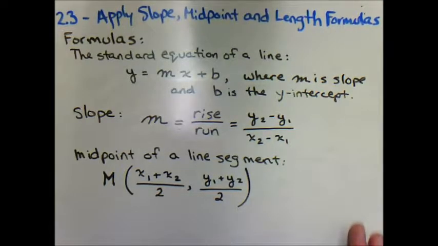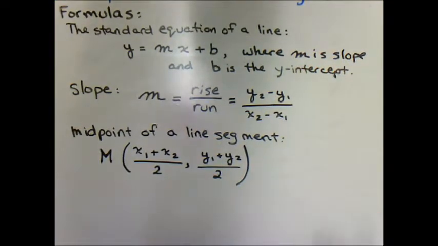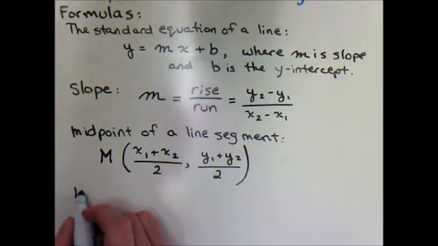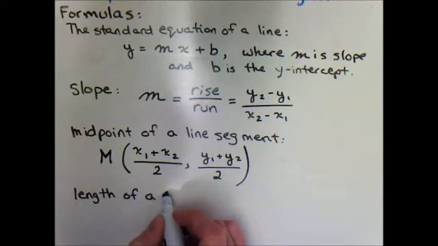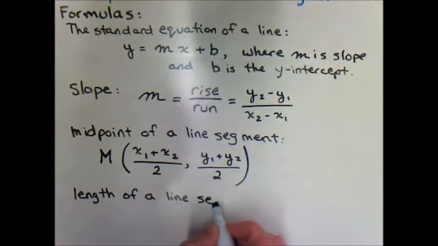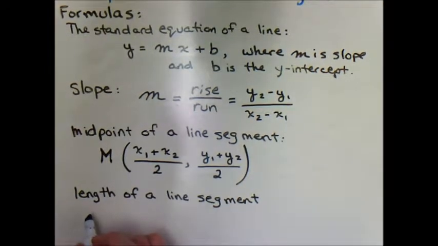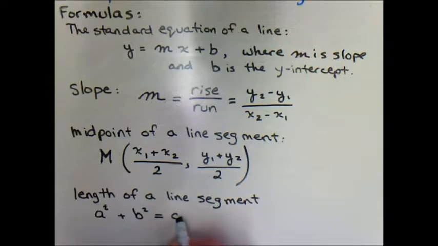And the last formula that we will be working with today is the length formula. And I'm going to write it in two different ways. So we have a formula for the length of a line segment. Very basically, it's based on the Pythagorean Theorem. a squared plus b squared equals c squared.